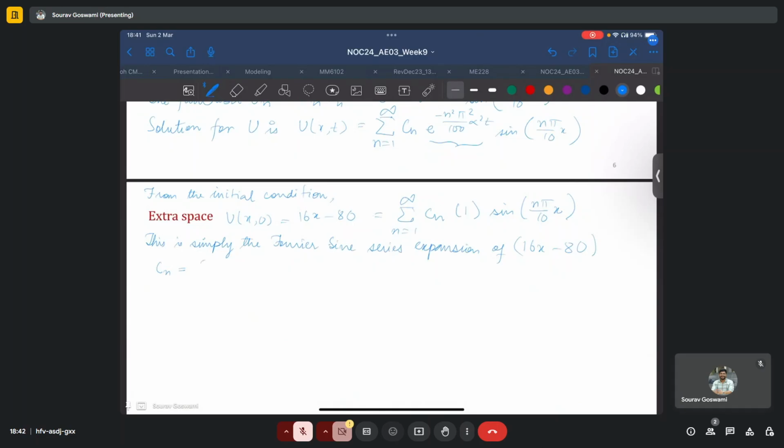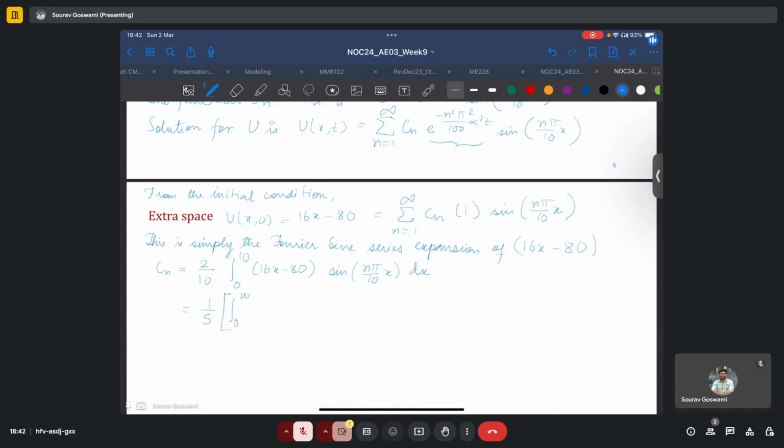This will be equal to 2 by L, or in this case 2 by 10, integral 0 to L, so 0 to 10, f(x) sine n pi by L, here L is equal to 10, x dx. And just to simplify this a bit further, this equals 1 by 5 integral 0 to 10.